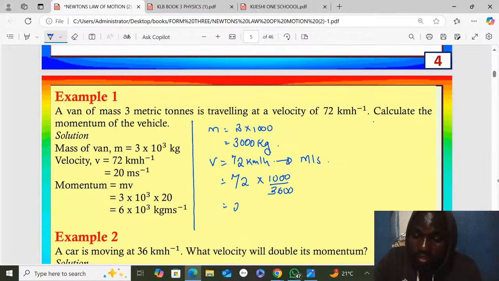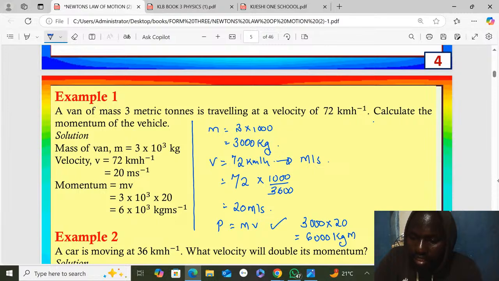Therefore, this arrives at 20 meters per second. Then momentum is given by mass times velocity. In this case, it is 3,000 times 20, and we arrive at 60,000. Remember to have your units, kilogram meters per second.